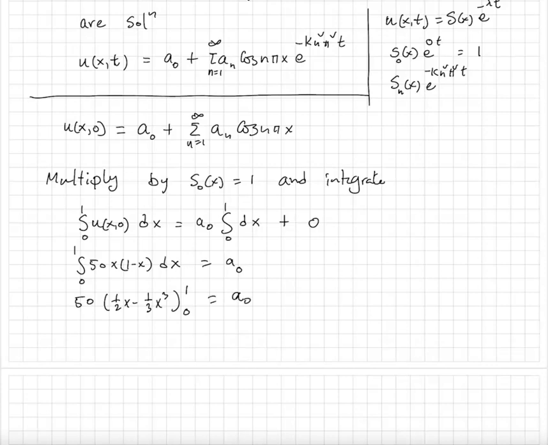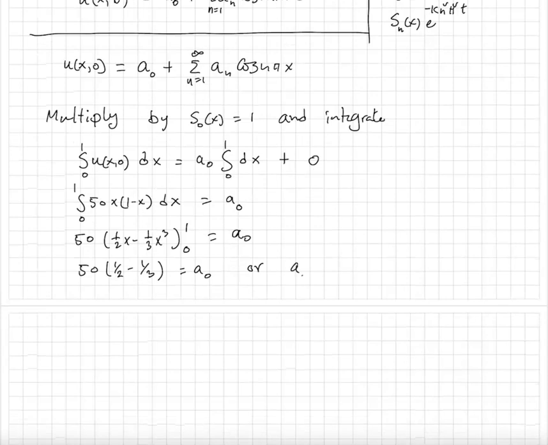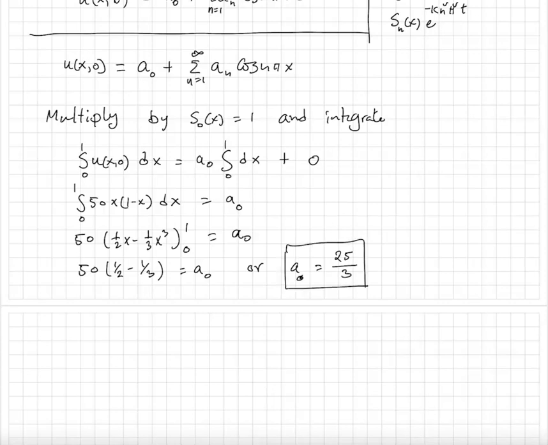Then you get 50 times (1/2 minus 1/3). When x equals 0, it is 0, so minus 0. That gives a0 equals 50 times 1/6, since 3 minus 2 is 1 by 6. So 50 divided by 6, you can write 25 divided by 3, which is a0.